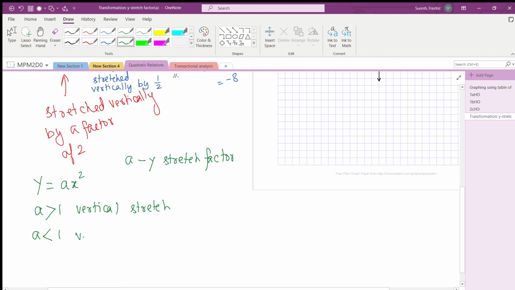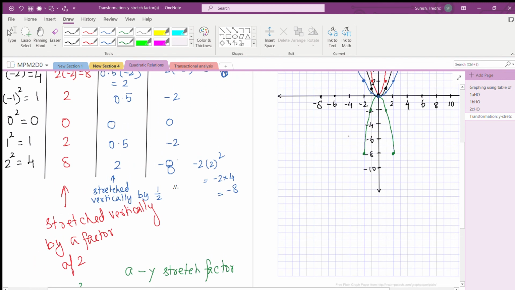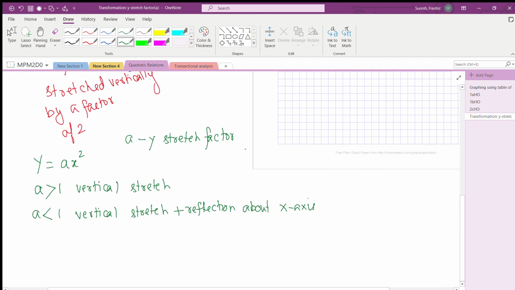So you have a vertical stretch, and you have a reflection about the x-axis. That is, instead of opening up, not only is it stretching, but it's stretching downwards. It is a reflection. Okay, numbers bigger than 0, numbers smaller than 0.